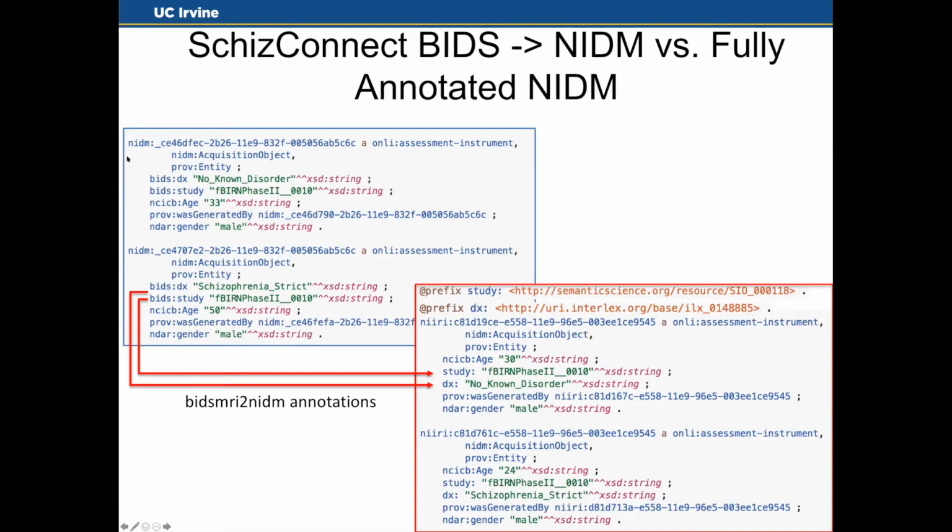What you end up with from SchizConnect currently is these assessments where there are some variables. In this case, there's a DX variable and a study variable in the demographics information that comes back with the imaging data. These are naively put into the BIDS namespace, and that doesn't really mean anything because the BIDS vocabulary doesn't define a term DX or study.